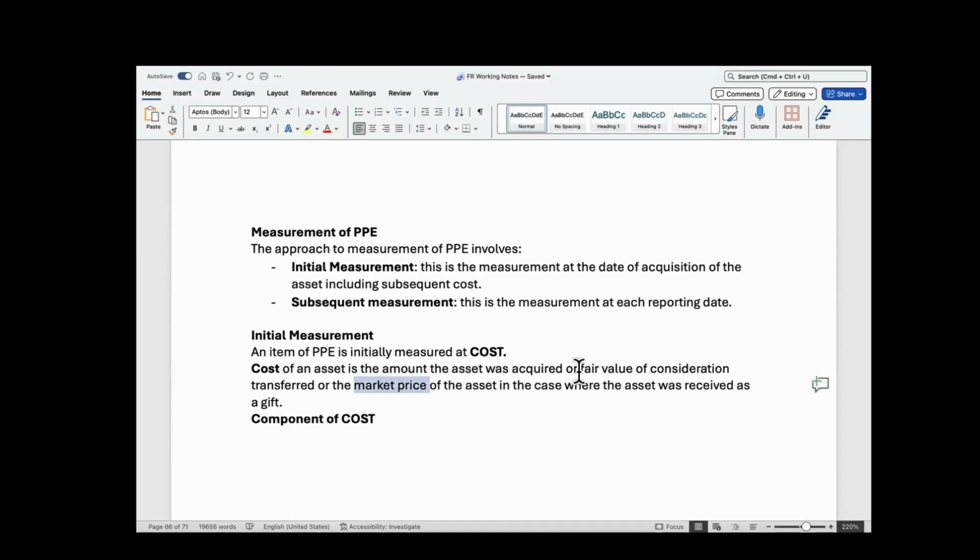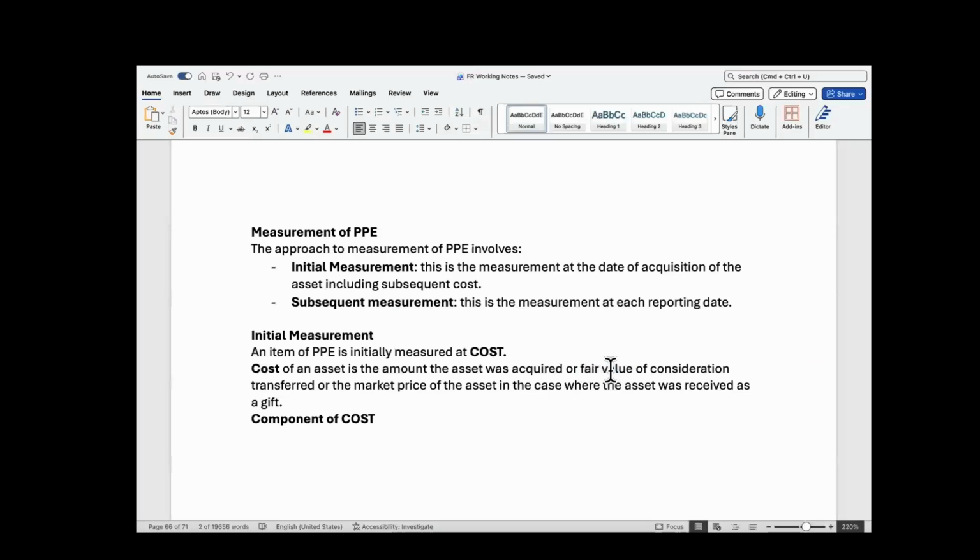There are instances where you did not pay money; it's possible to do an exchange for assets. You can do exchange or part exchange.